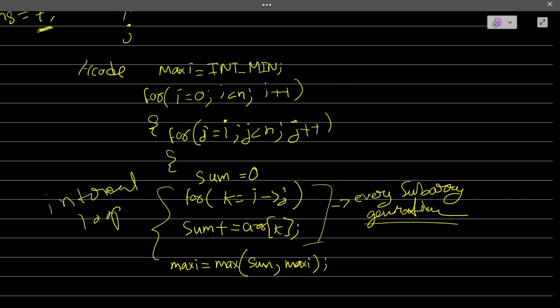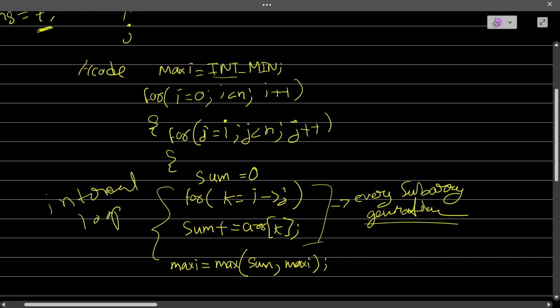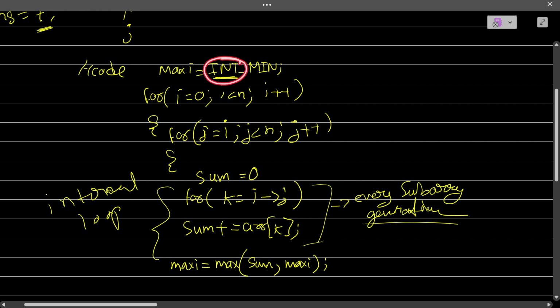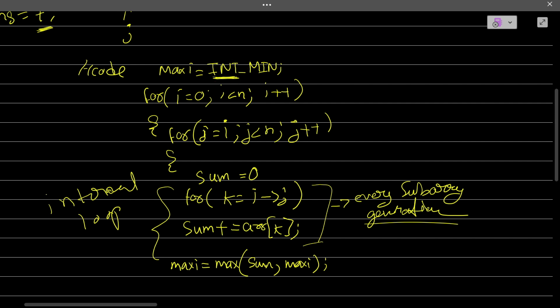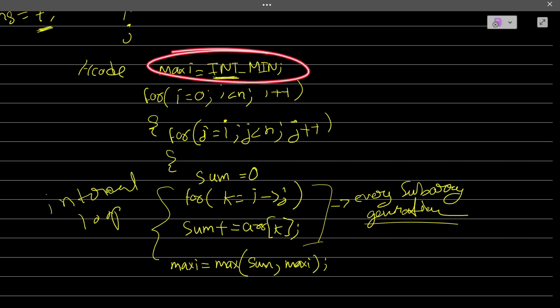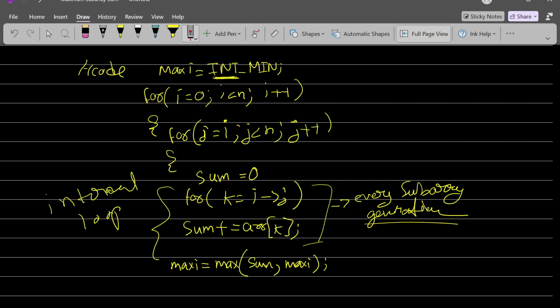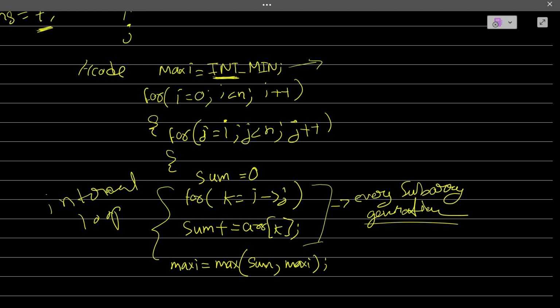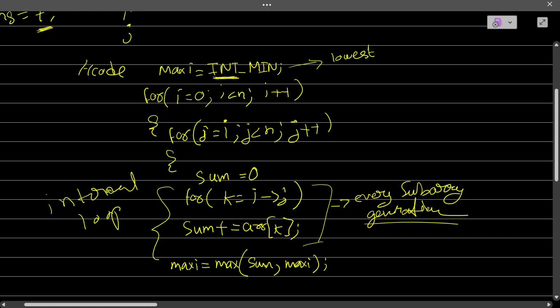So maxi is going to store integers, and it will be storing the lowest possible values.